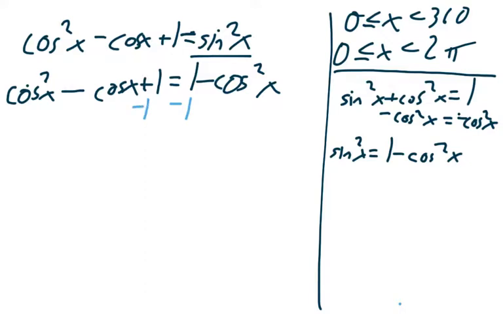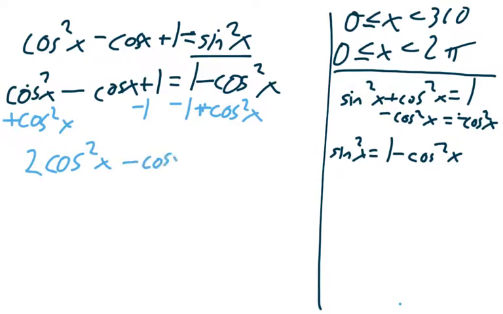So I'm going to subtract 1, and I'm going to add cosine squared x. And so I got 2 cosine squared x minus cosine x equals, I'm sorry, equals 0. I made one side equal to 0.